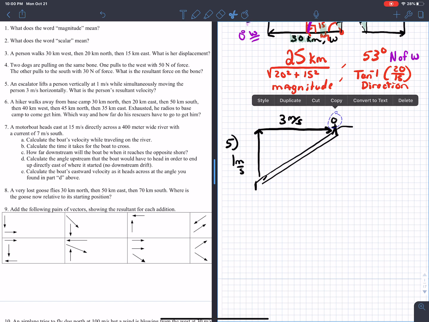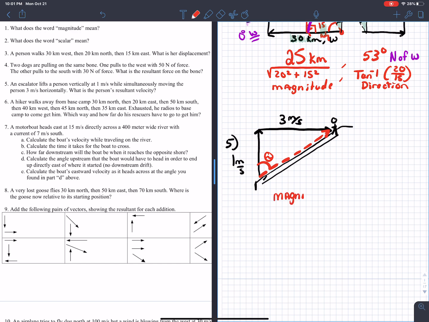So we're trying to figure out what this resultant velocity right here is of the motion of that person. Now since we started at the bottom of the escalator, that means that's the angle that I have to find. Now, with any vector, you have to have the magnitude and you have to have the direction with them.